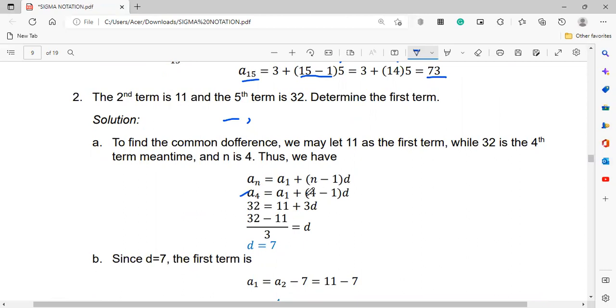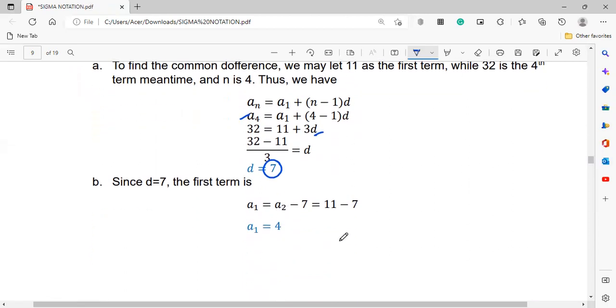The fourth term is equal to the first term plus 4 minus 1 times the common difference d. We assume the fourth term to be 32 and 11 to be the first term. So we can find d. D therefore is 7.